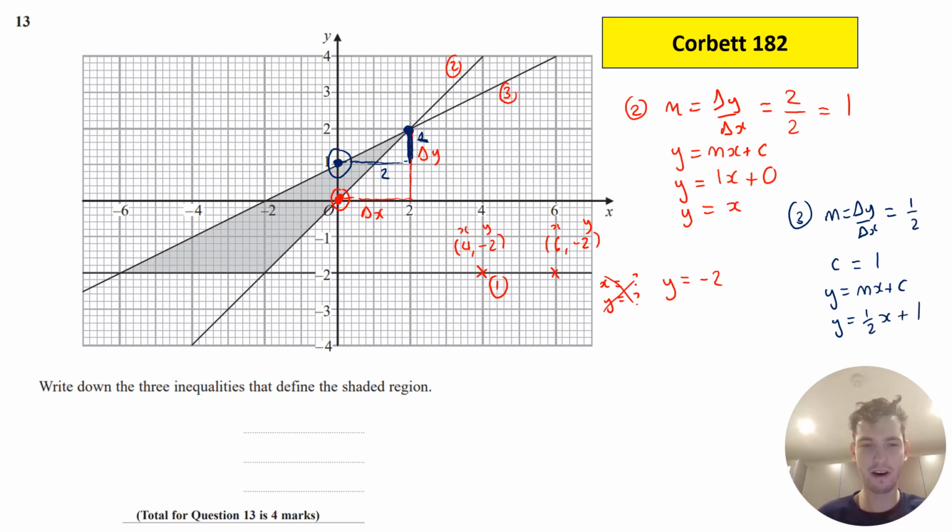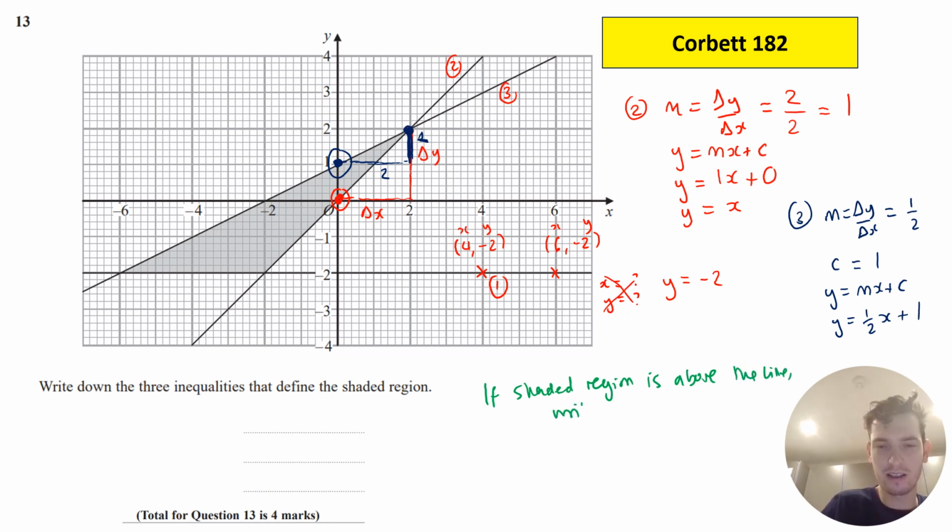Okay, now my final step is I need to write these as inequalities. And the thing to remember here is that if the shaded region is above the line, you're going to write greater than or equal to. But if it's below, you're going to write less than.